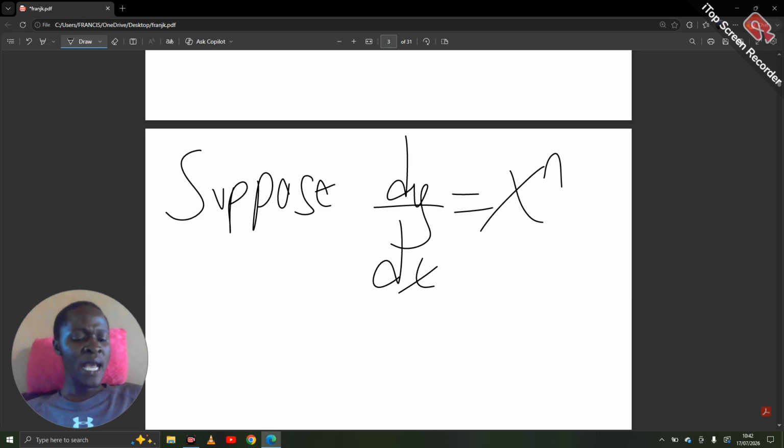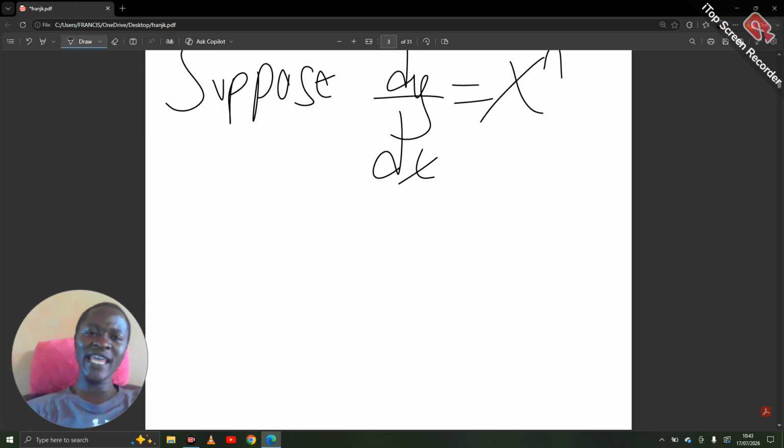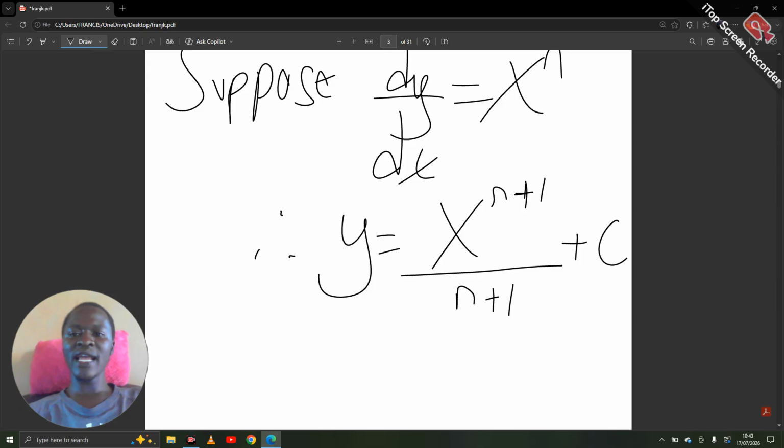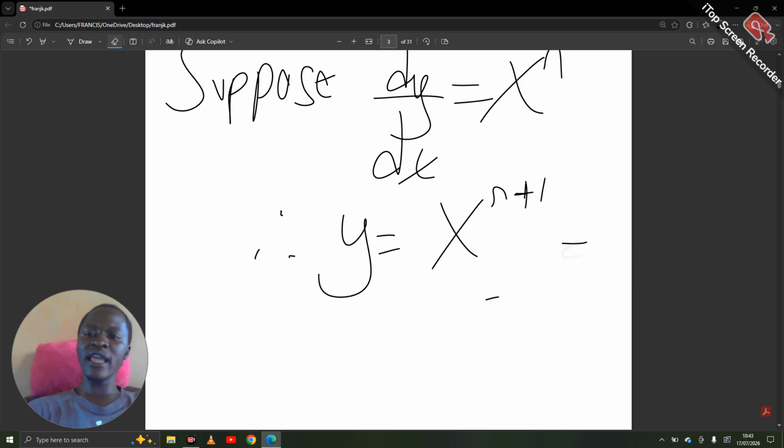Now, suppose dy over dx equals x power n. Then, therefore, y is equal to x power n plus 1 all over n plus 1, plus c. Let me rewrite it clearly.